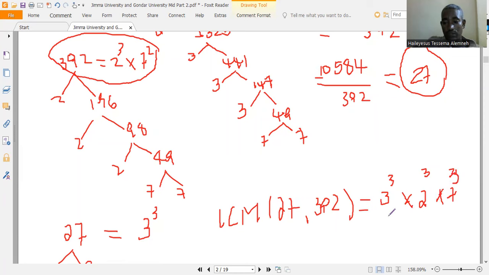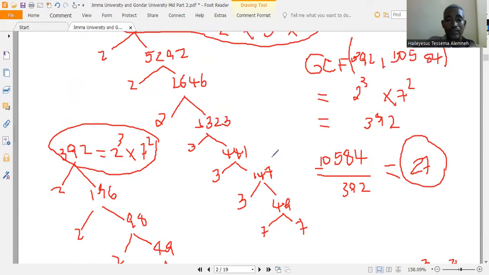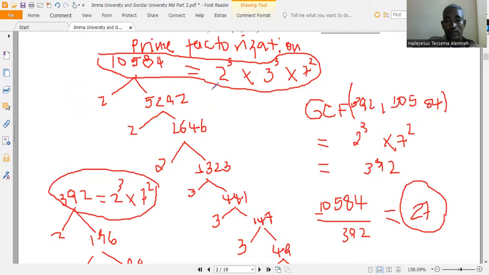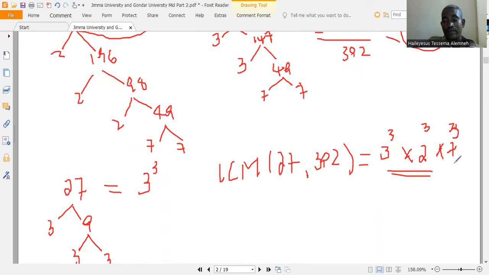But here the representation, 10584 is 2 to the power of 3, 3 the power of 3 እና 7 the power of 2, which is the representation of the numbers.